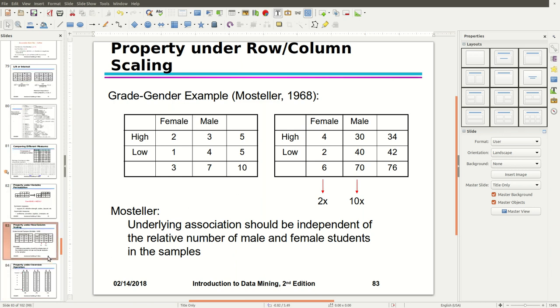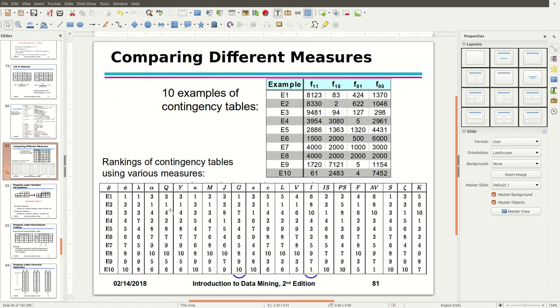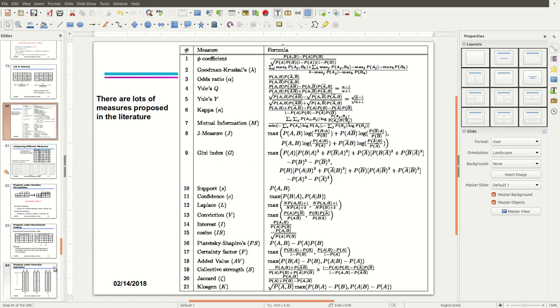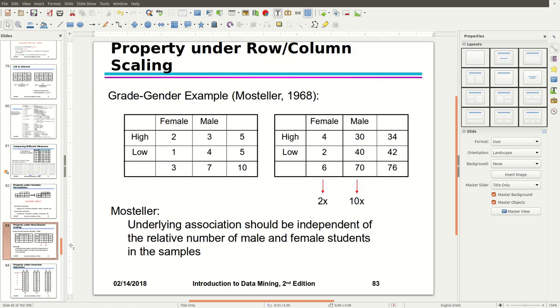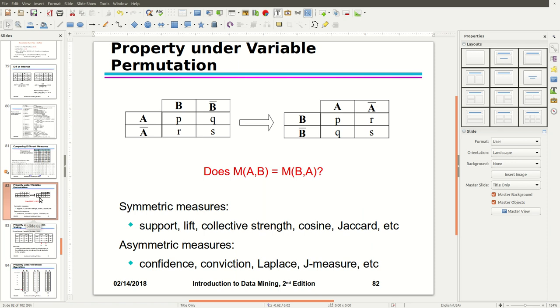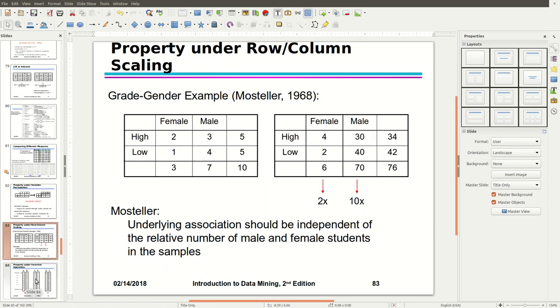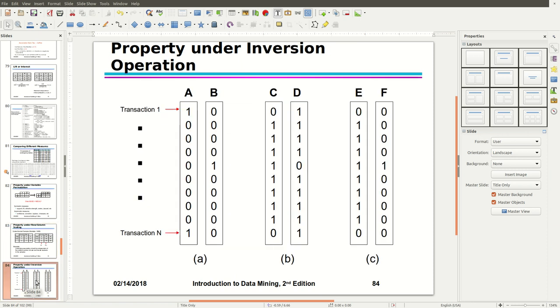But you can also look at which will change and which will not, and some may not be affected as others if you, for instance, plug in the numbers in these formulas. So this is another property of these rule evaluation measures. Do they change by scaling, or do they change when you switch sides? Sometimes you may want that, and sometimes you may not want that.